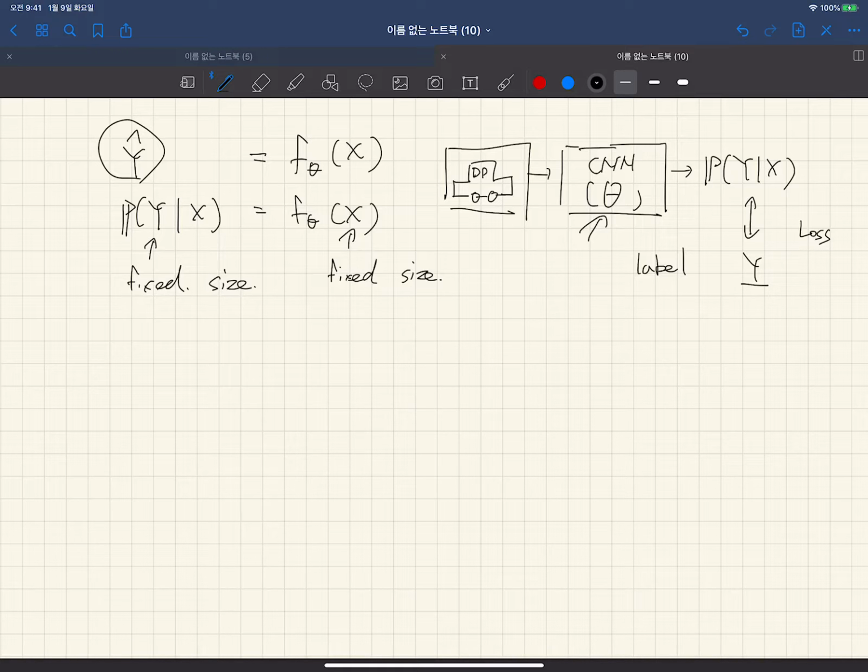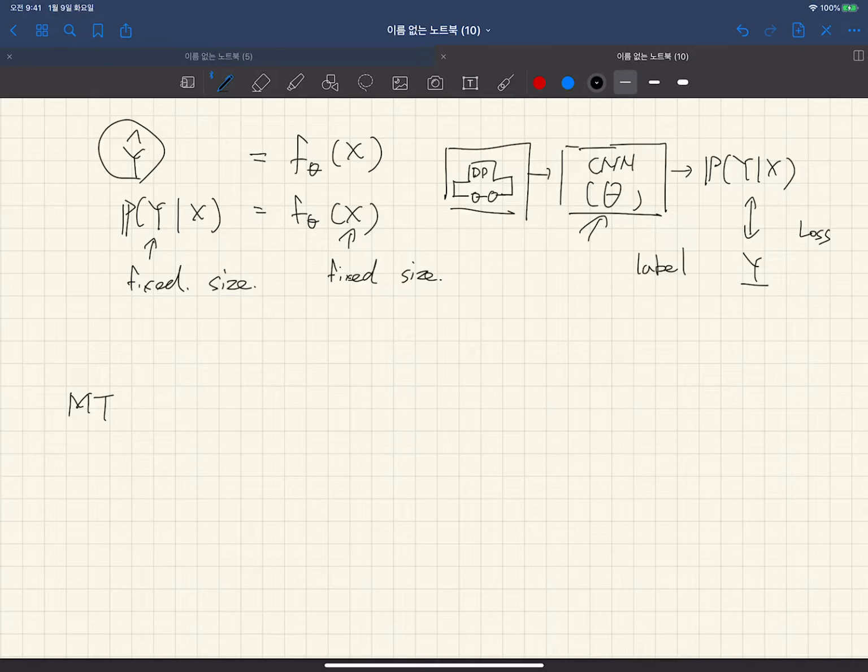But in some cases, we have various different lengths of input sequences and output sequences. So the input dimension can vary, and the output dimension as well. For instance, if you design a machine translator, if you translate a French sentence to an English sentence, or a German sentence to an English sentence, usually the sentences consist of a different number of words or characters.